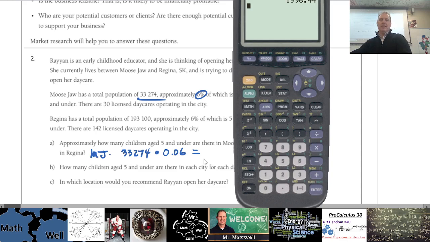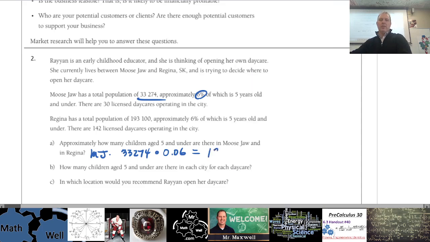So I've got 1996.44. Now, these are children, so let's say approximately 1997. Okay, let's round up, okay? So you wouldn't have 0.4 of a child walking around, so we'll round that up, okay?